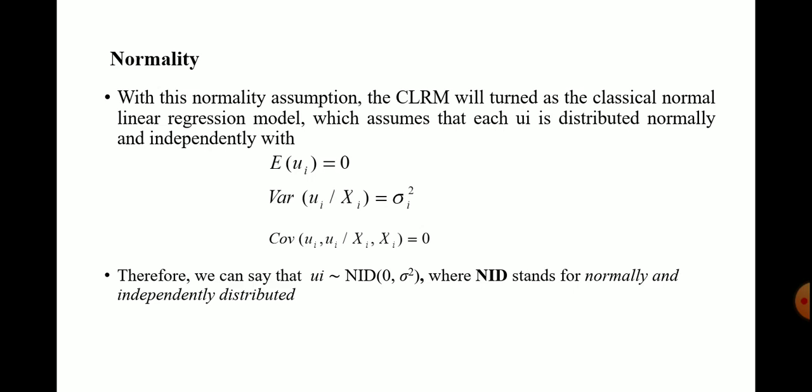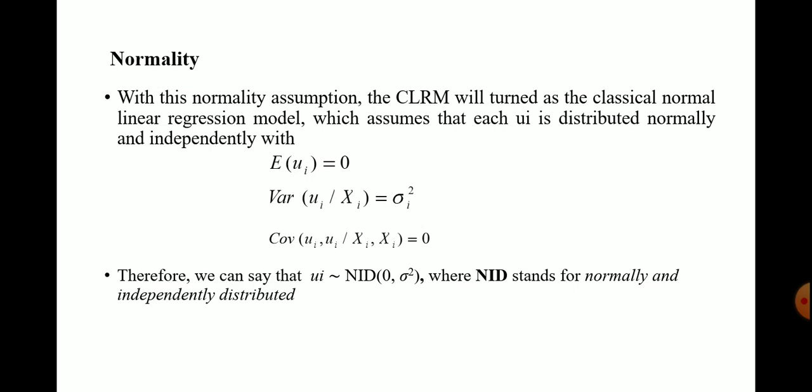But when we include the normality assumption, then our regression will be renamed as the classical normal linear regression model, CNLRM.